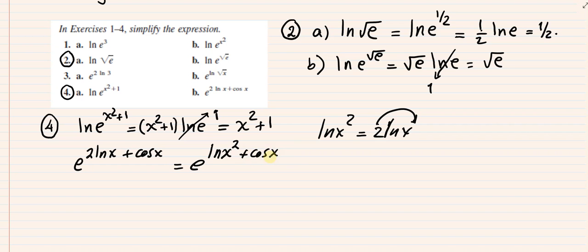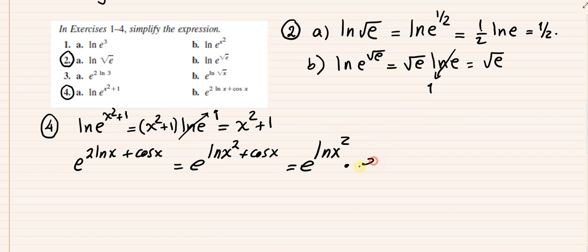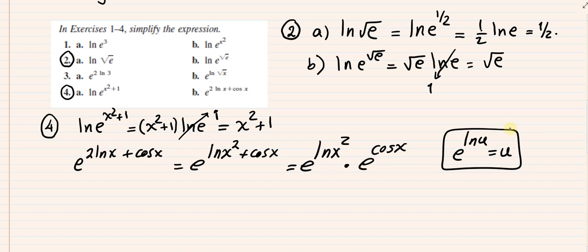Now, let's see, what are we going to do with this? Well, we can use the multiplication rule of exponents. We can split this into e to the ln of x squared times e to cos x. Now, e to the ln of x squared, we know that e to the ln of u is u, that property.